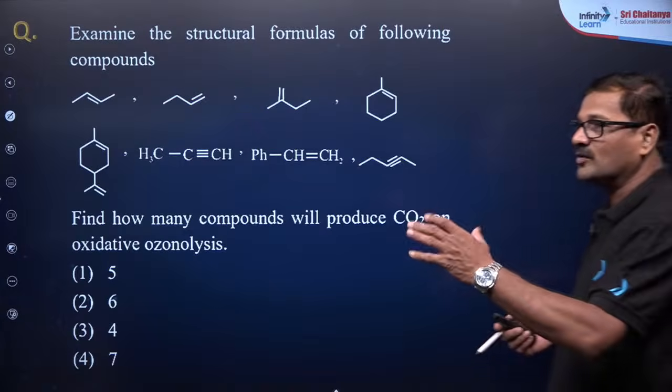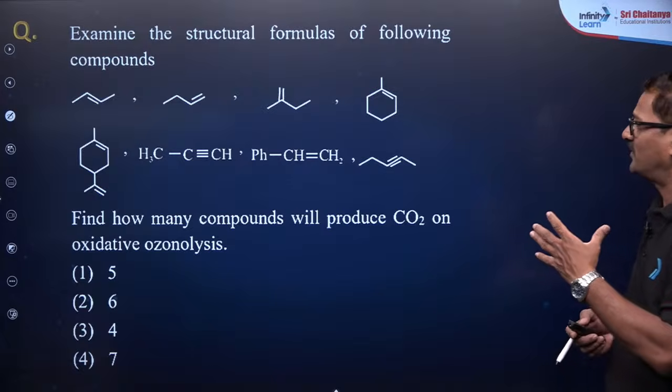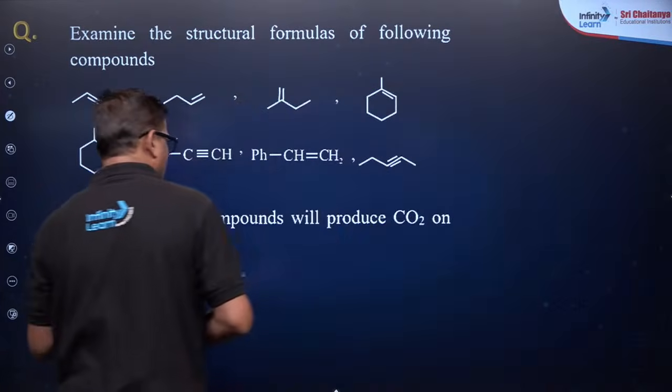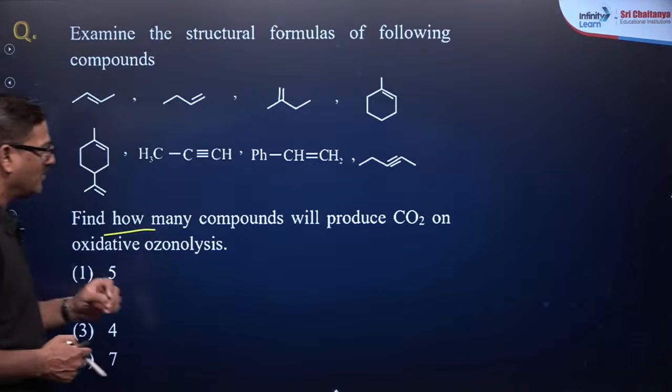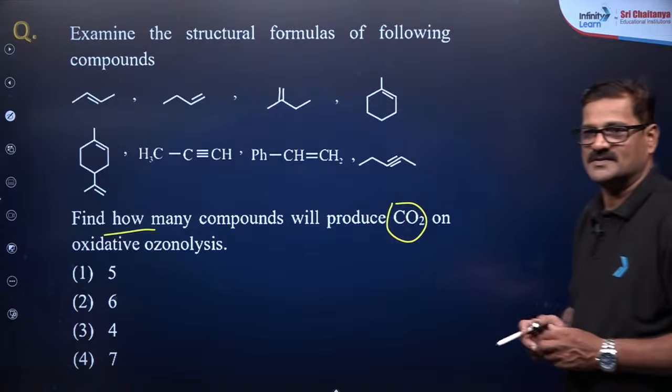Moving ahead, one more question. Examine the structural formula of the following. So many structures are given. Find how many compounds will produce carbon dioxide on oxidative ozonolysis.